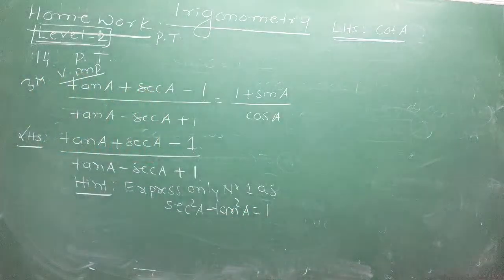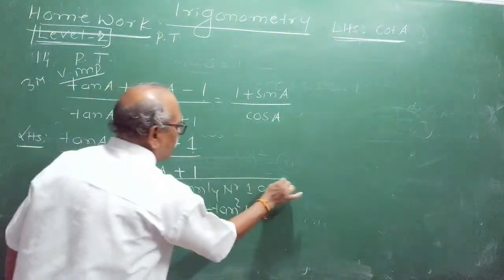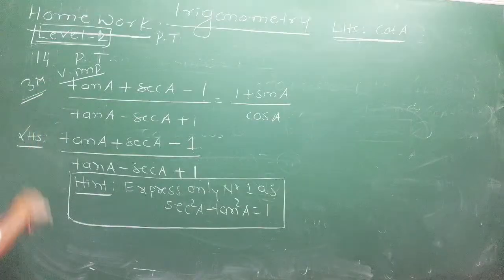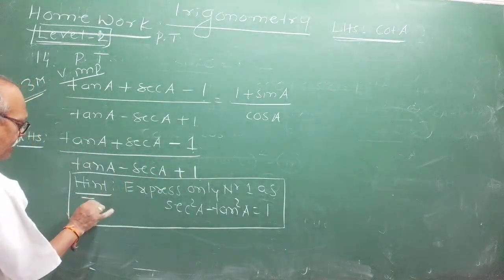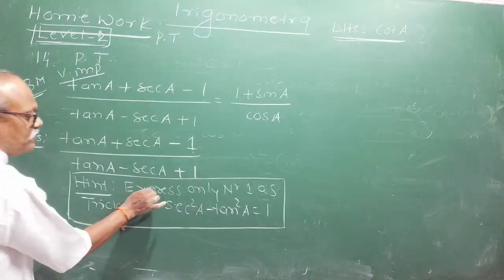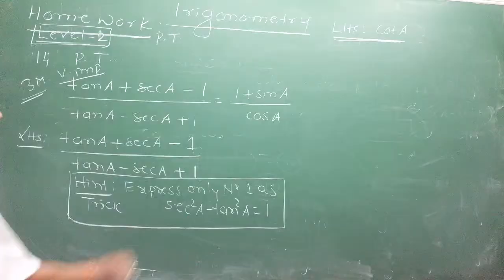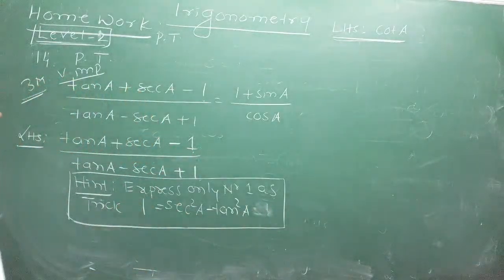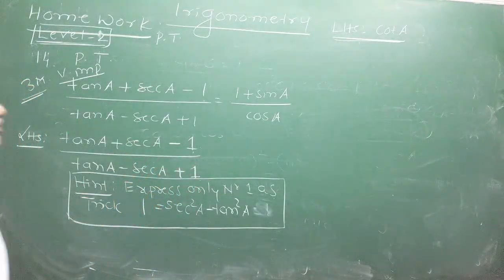This identity you know. Only in the numerator. This hint you never forget. If this question appears in the exam, number of times I have seen this question in the board exam. Only trick is numerator. Remember this hint or trick. Express only numerator 1 as sec square A minus tan square A. Numerator 1 is equal to sec square A minus tan square A. Don't touch denominator 1.